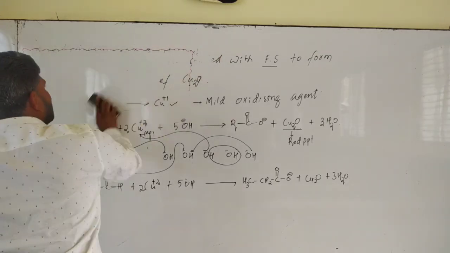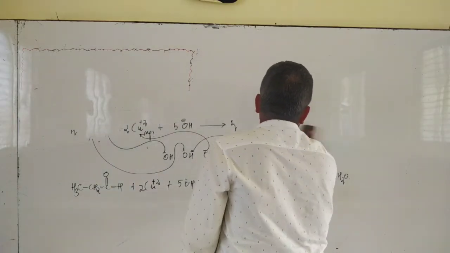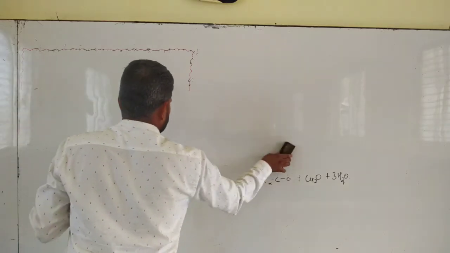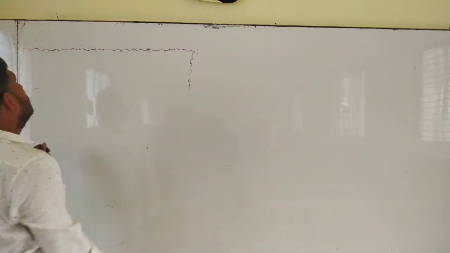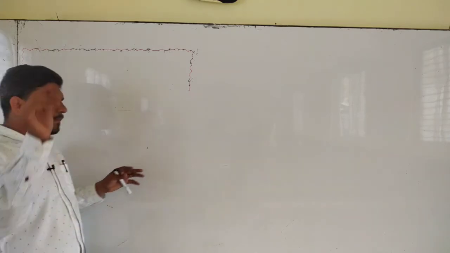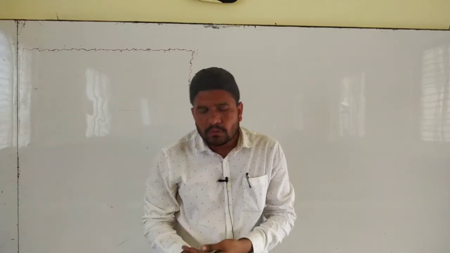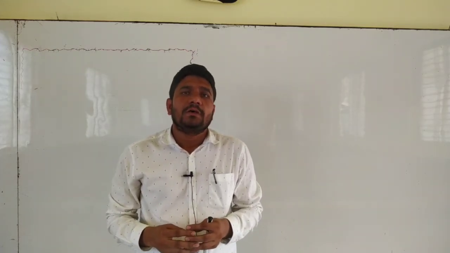This is how Fehling solution is used as a mild oxidizing agent for the oxidation of aldehydes into corresponding carboxylic acids. Now whatever we have discussed so far is regarding oxidation of aldehydes only. What happens if oxidation of ketones is carried out?